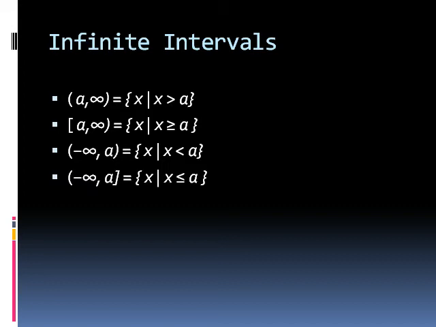For example, if the range is a and then infinity, for the first example it would be just x greater than a, because we don't have an upper limit for x, and x goes to infinity. It can be just less than infinity in this sense. That is why this is considered an infinite interval.